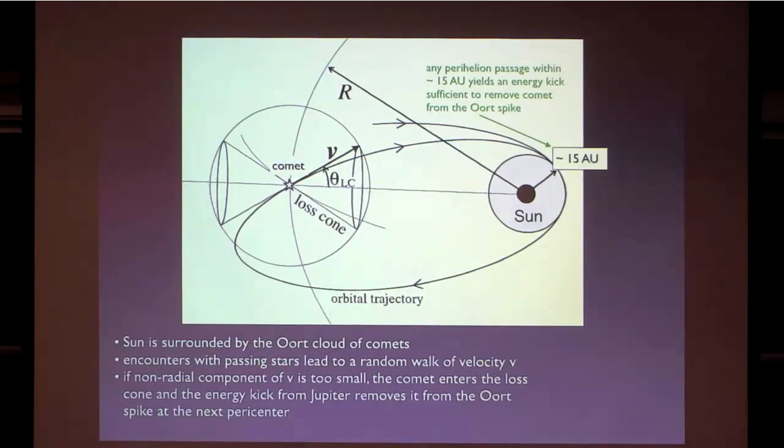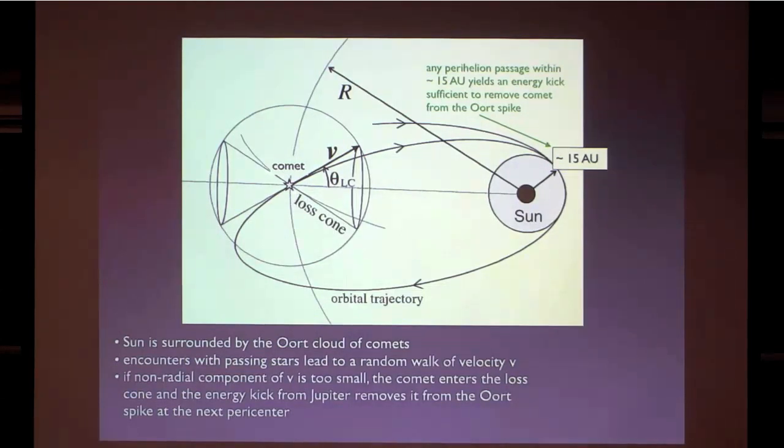In this case, the loss is not because of tidal disruption from the sun, but because the gravitational perturbations from the planets are strong enough to remove it from the Oort cloud, either into a more tightly bound orbit or an escape orbit. Roughly speaking, any comet that has a perihelion passage less than about 15 astronomical units, between Saturn and Uranus, is going to be lost from the Oort cloud.